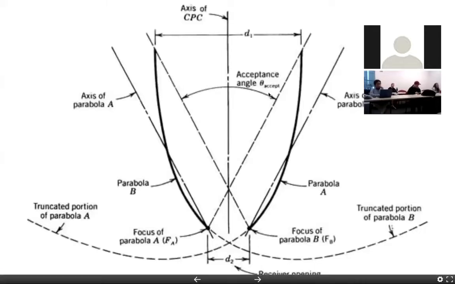And this theta here is the acceptance angle. This theta is generally defined as half the acceptance angle. This total angle is the acceptance angle of the parabola, which means that any ray which comes at an angle within this cone defined here will be collected by the receiver. Anything outside this cone will not be collected.